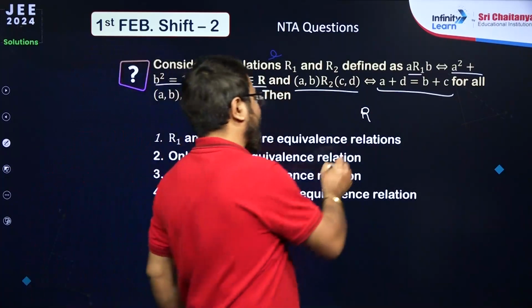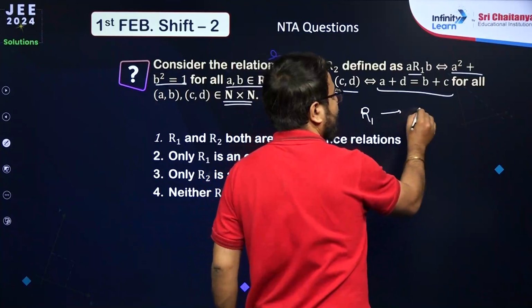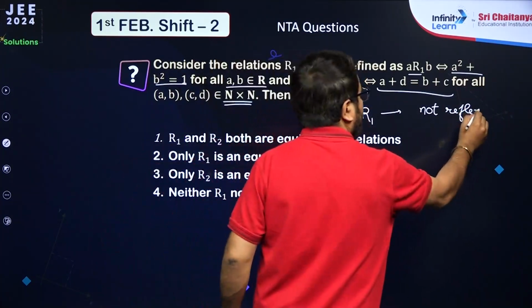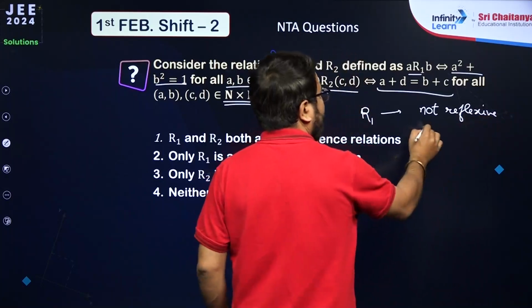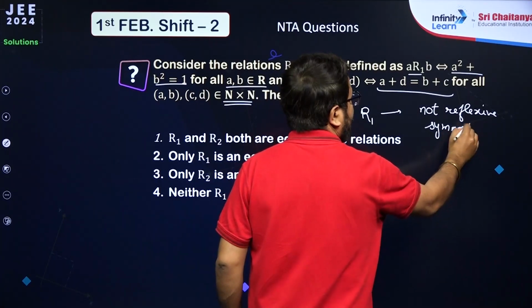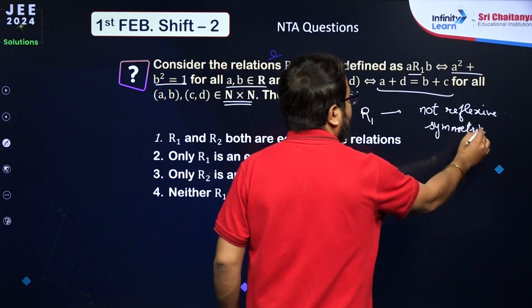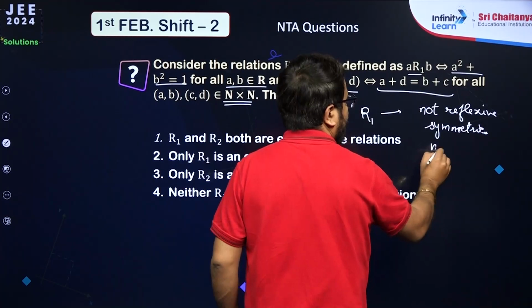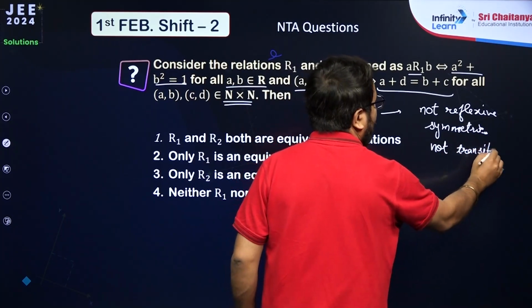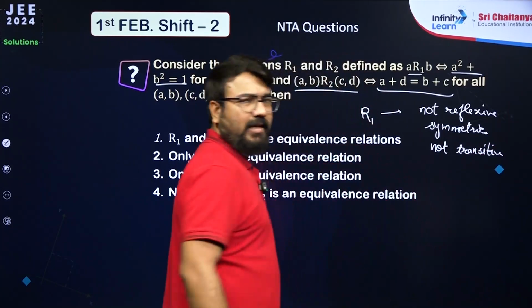So R1 is not reflexive. It is symmetric, and it is not transitive. So it cannot be an equivalence relation. R1 is not an equivalence relation.